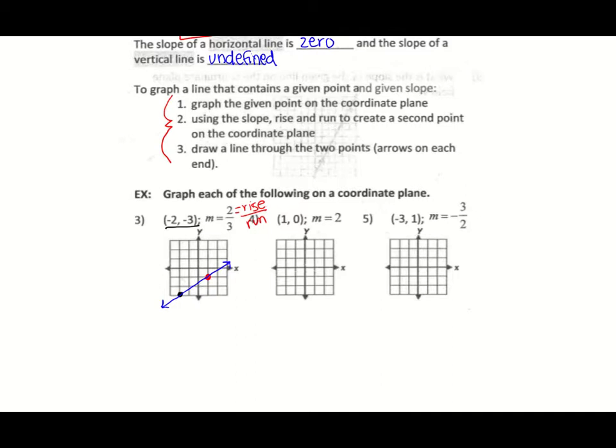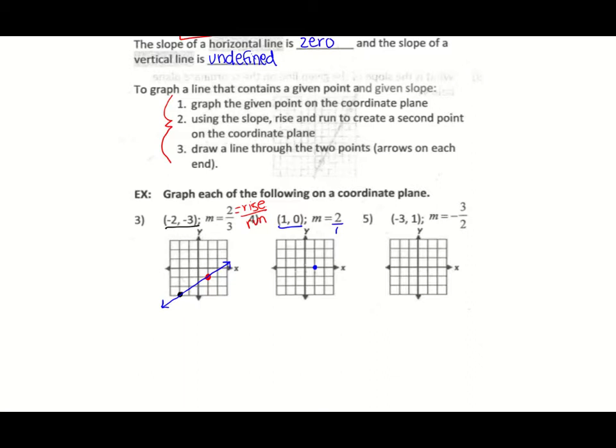Okay, so let's try number 4. Step 1, graph our point, 1, 0. My x is 1, my y is 0, so I'm not going up or down. It's just right here. Now my slope is 2. Remember, when I have a whole number like that, it is the same thing as 2 over 1. 2 divided by 1 gives me 2.